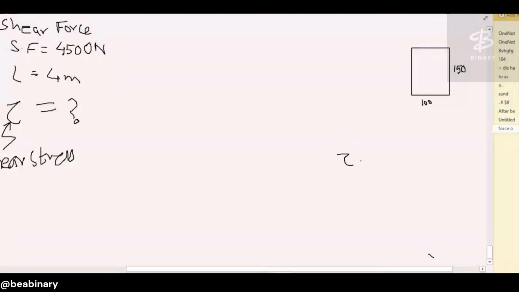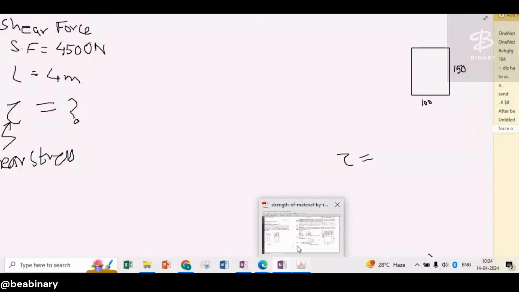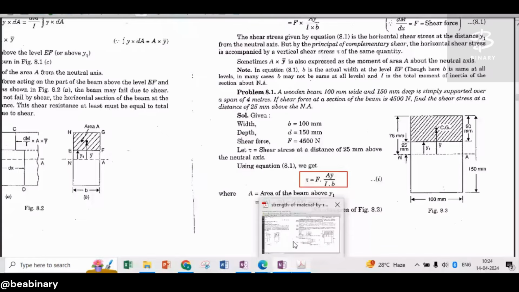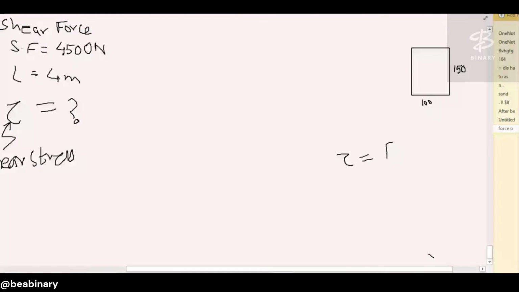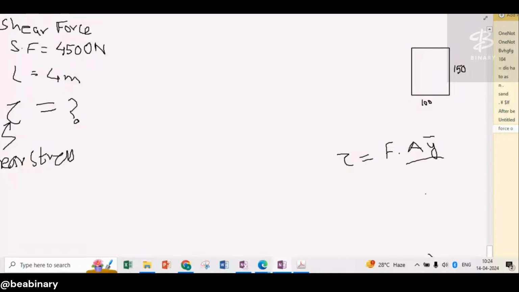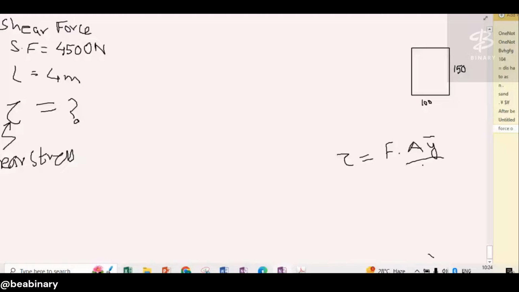Tau is equals to F into area of the section of the beam into y bar divided by b. ये इसका फॉर्मूला है.